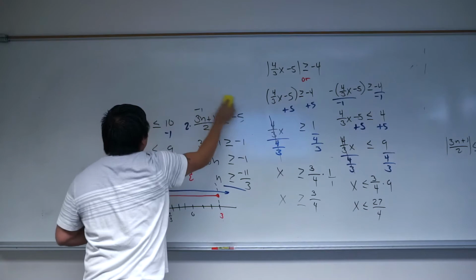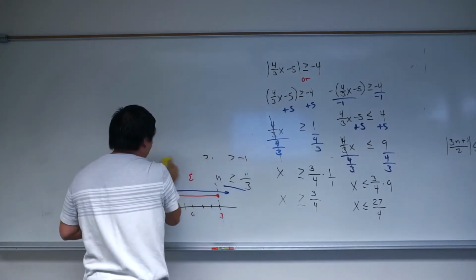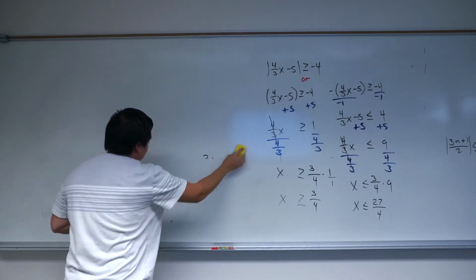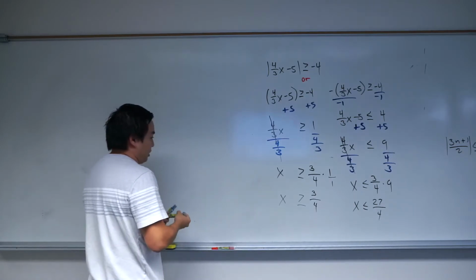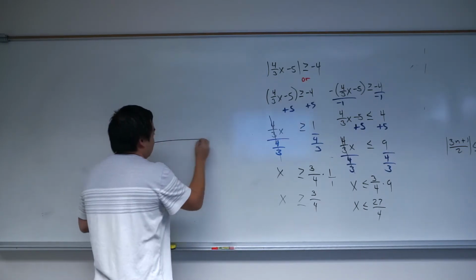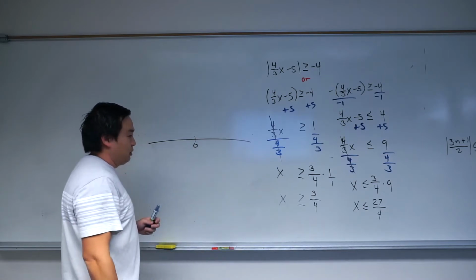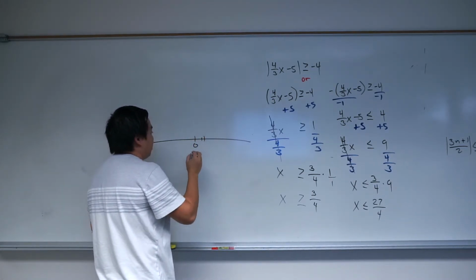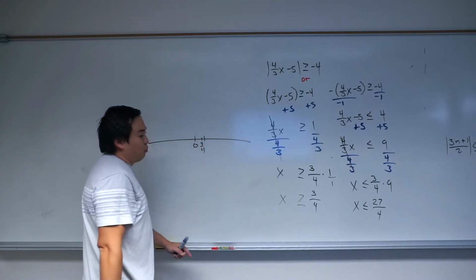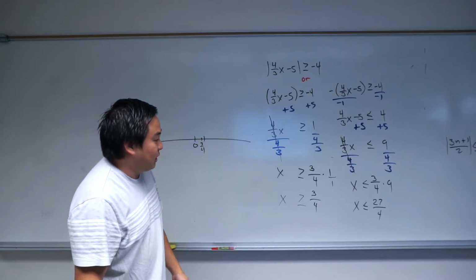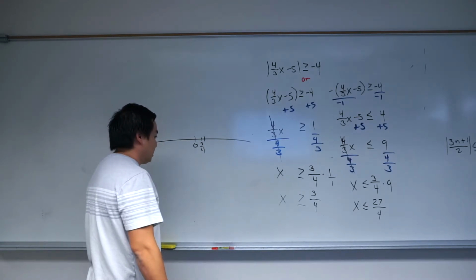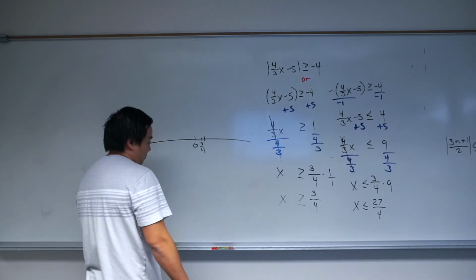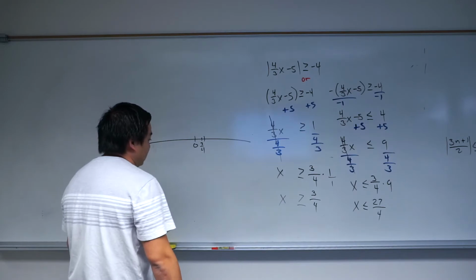So let's write out the solution now. So once you have the inequality, you have to write it out on a number line. So the number line, 0, 3 over 4 is just under 1, while 27 over 4 is, what is that? Just over 6.